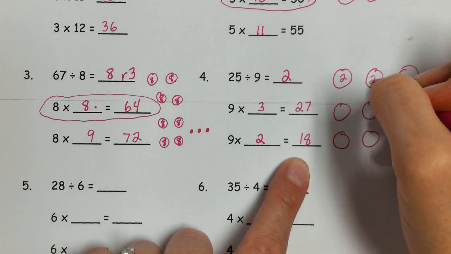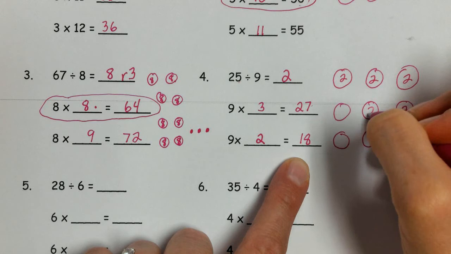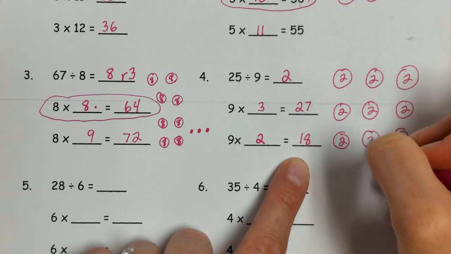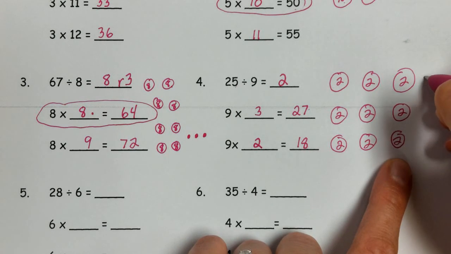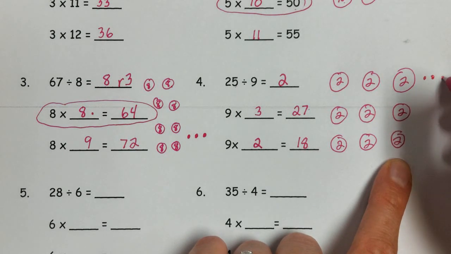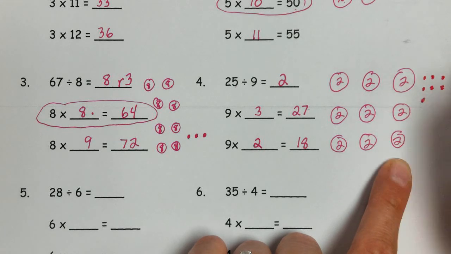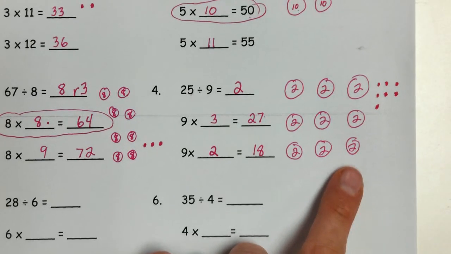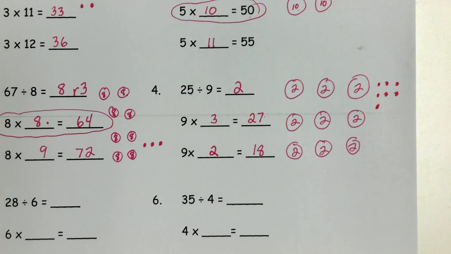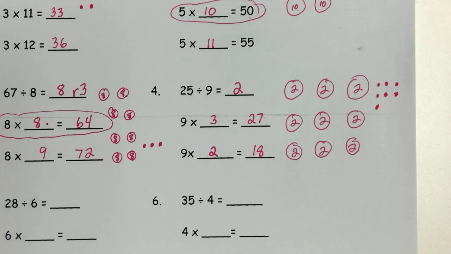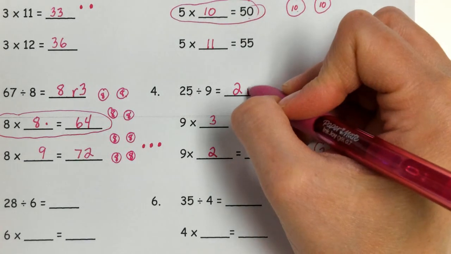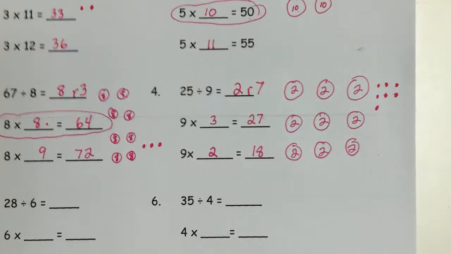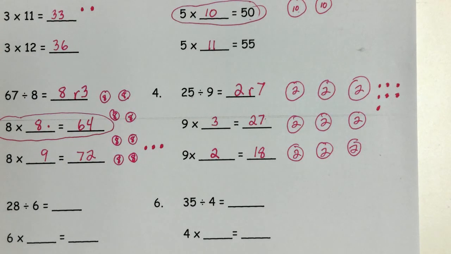I put 2 in each group, which leaves me, that's 18 pieces of candy. And then I have 19, 20, 21, 22, 23, 24, 25. How many do I have left over? 7. Cody? 7. So I have 2 with the remainder of 7.